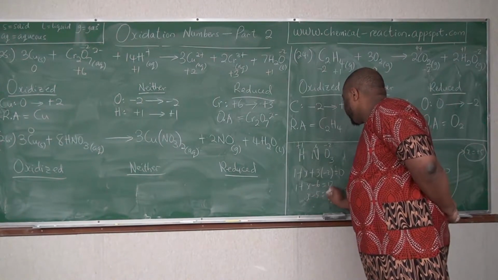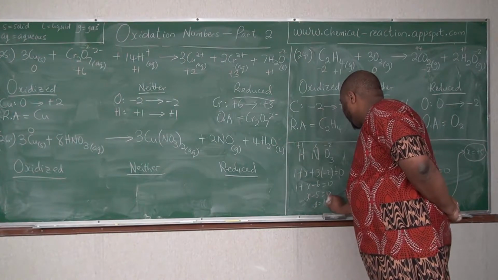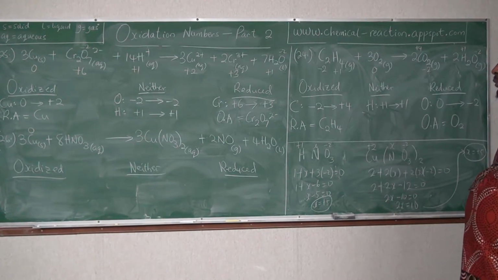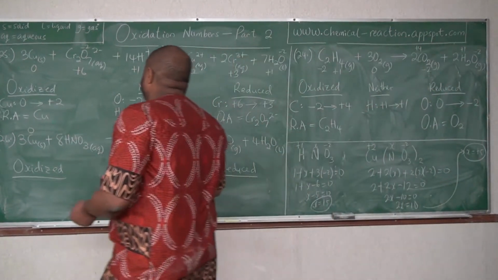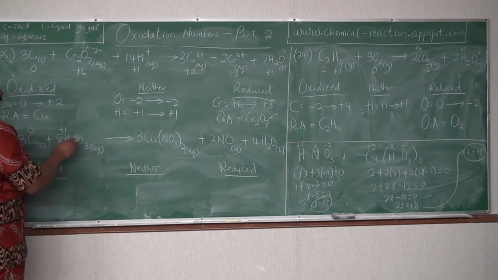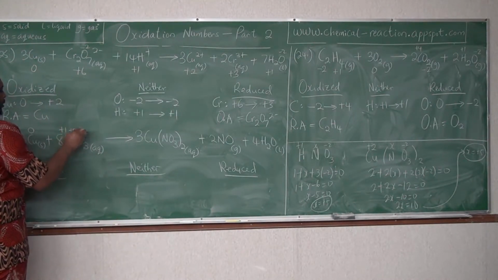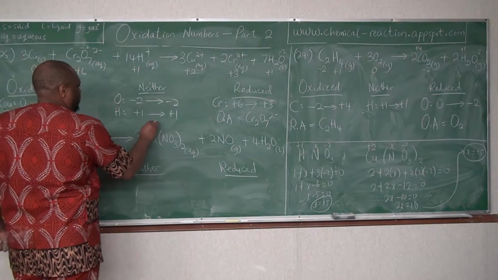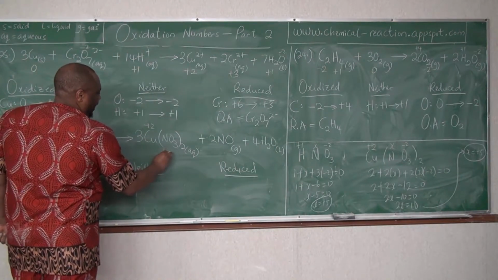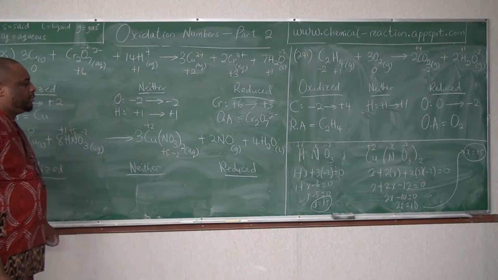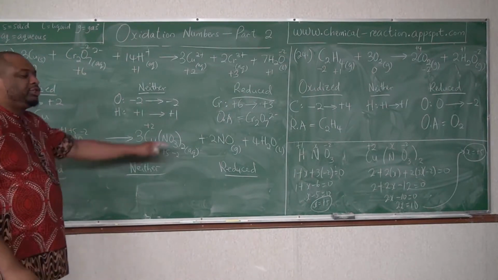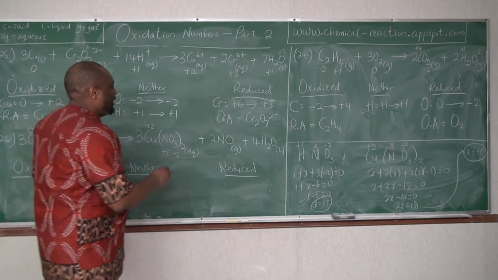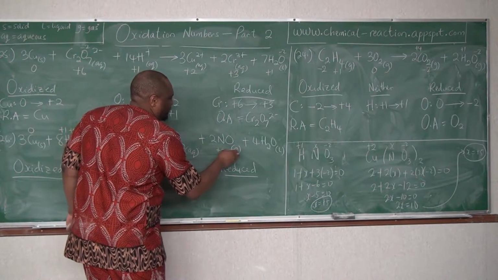X minus 5 is 0. So X is plus 5. You see here, hydrogen is plus 1, N is plus 5, O is minus 2. Copper here is plus 2, nitrogen is plus 5, O is minus 2. And here, this is nitrogen 2 oxide. Nitrogen is plus 2 here, O is minus 2.